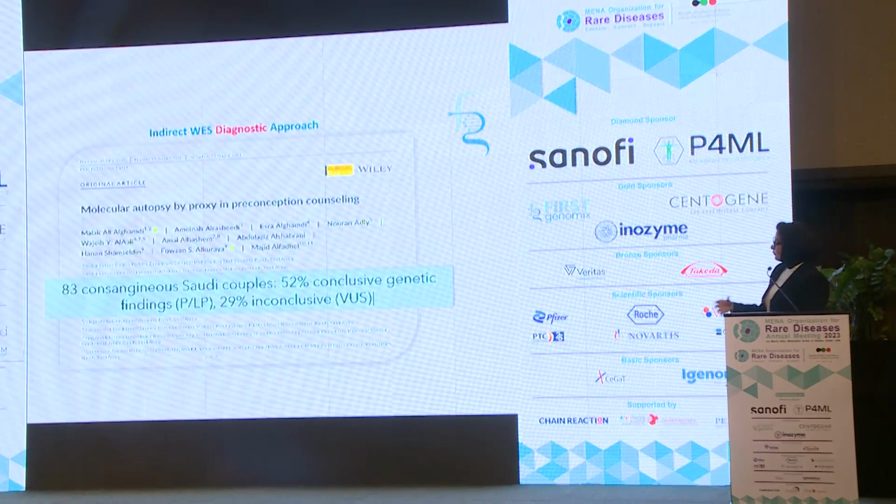For us in the lab, even the VUS is considered positive because we take it to the next level. We don't just deliver the results to the doctor and the patient and classify it as a VUS, or variant of uncertain significance. So for me, I consider both percentages as positive solutions for the family.